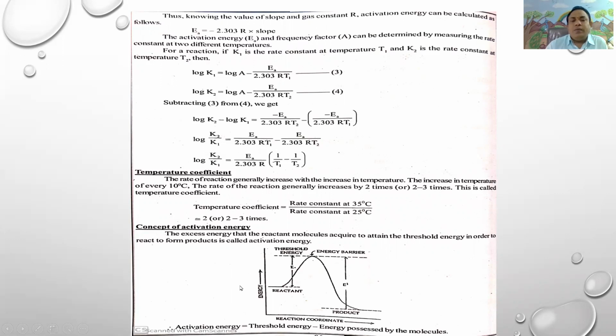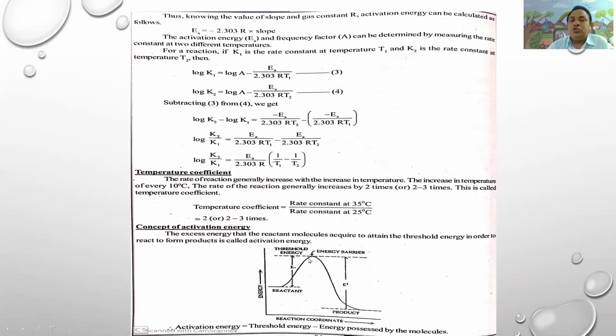Here, when we plot the graph between energy versus reaction coordinates, the reactants gradually increase in energy up to the energy barrier, that is the threshold energy barrier.